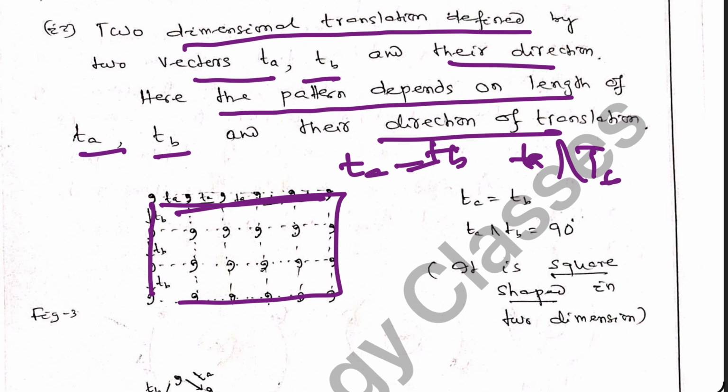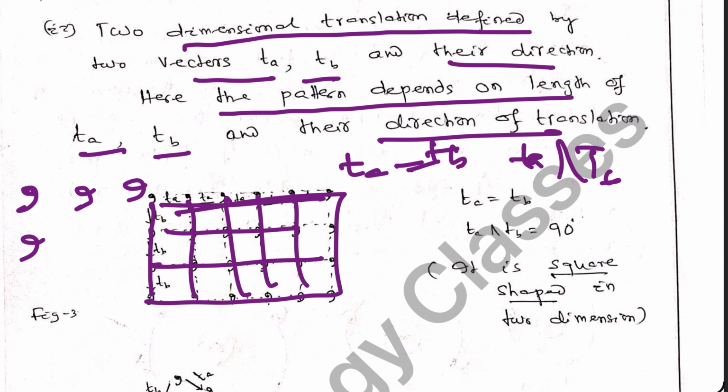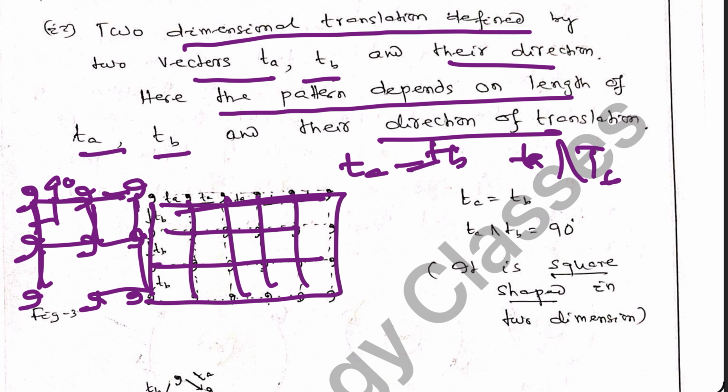We find a square shaped arrangement of motifs and nodes, because Ta is equal to Tb and they are arranged in two dimensions. So the spacing is the same, and the angular displacement is 90 degrees. So it gives rise to a square pattern.